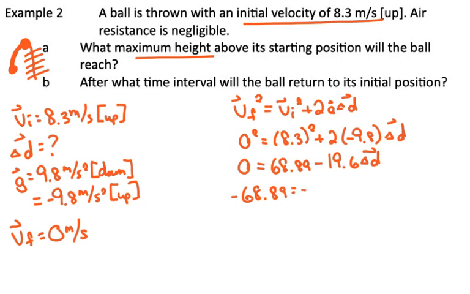Gives us negative 68.89 equals negative 19.6 delta D. Divide both sides by negative 19.6, rounding this to 2 sig figs, means that the ball gets to 3.5 meters above its initial height.